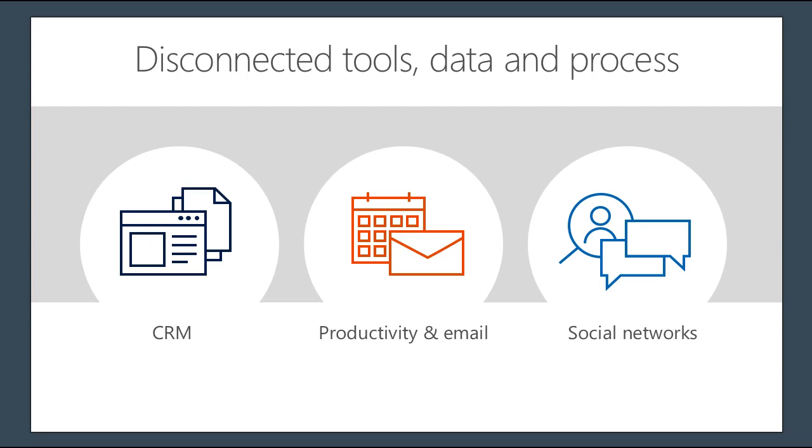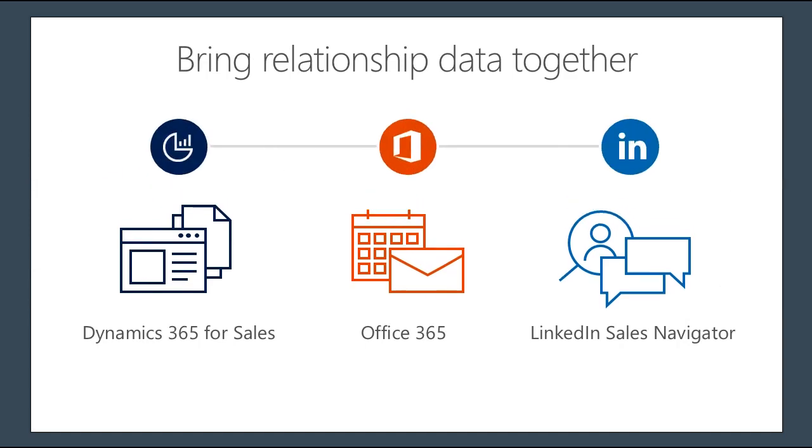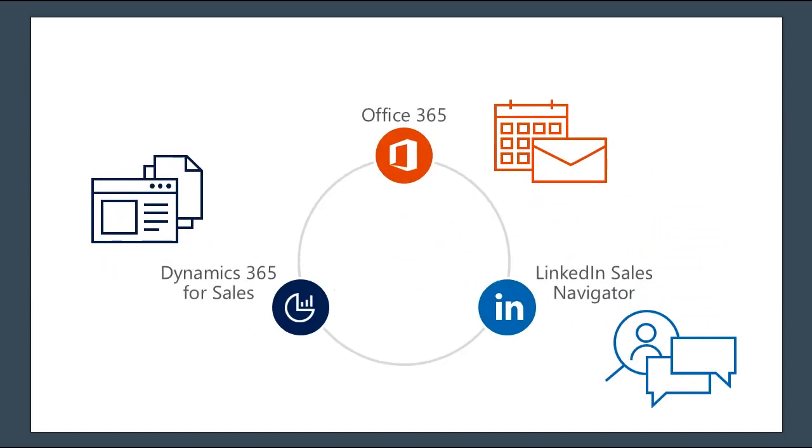So the whole idea here is that you have all your business data on CRM, you have all your emails and your productivity information from Office 365, and then you have all your social network, your relationships, coming from LinkedIn. So why not have all this working together?